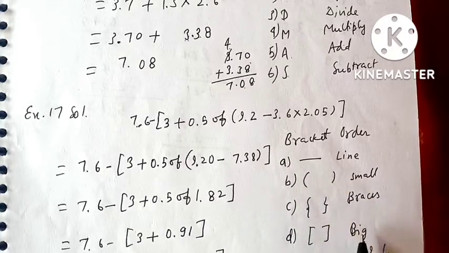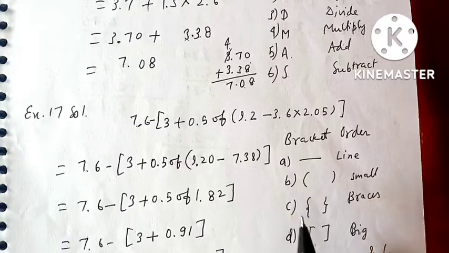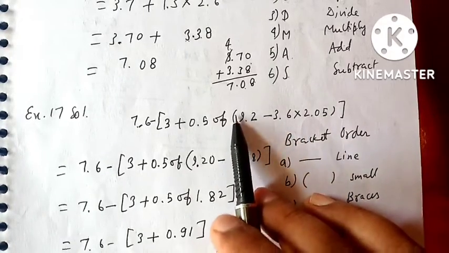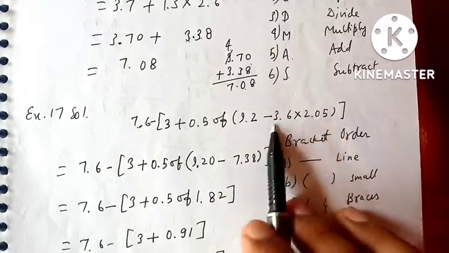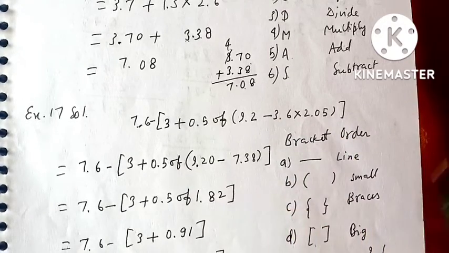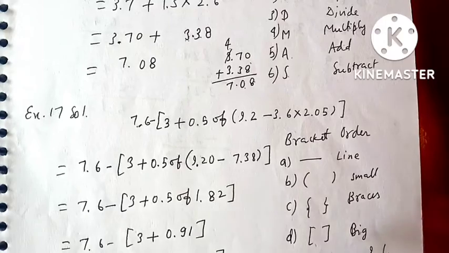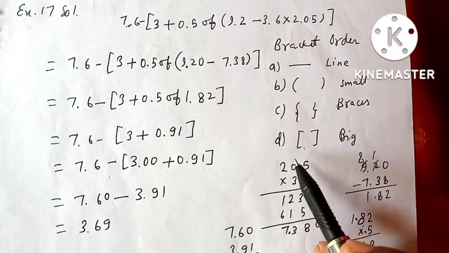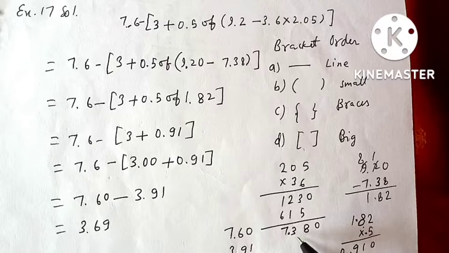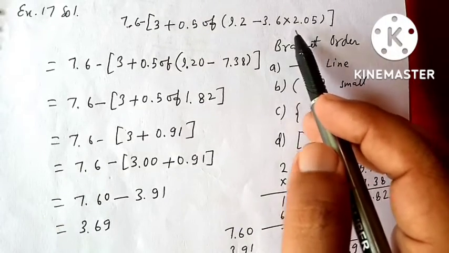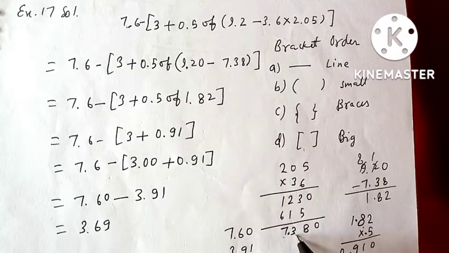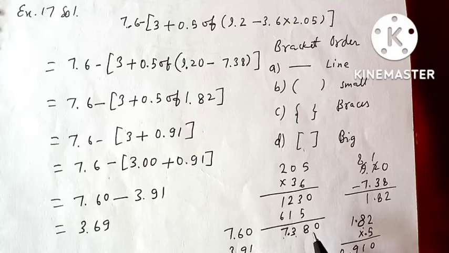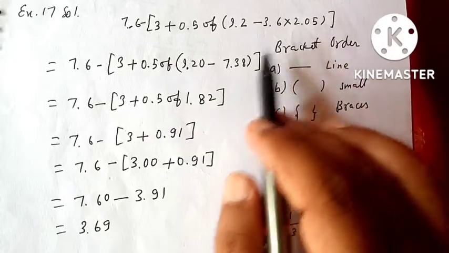This is braces, then big bracket. So here in this small bracket we have minus and multiply. So firstly multiply. On multiplication we multiply 36 with 205. So we get 7380, as there are in total 3 decimal places. So put decimal between 7 and 3. So the product is 7.38.